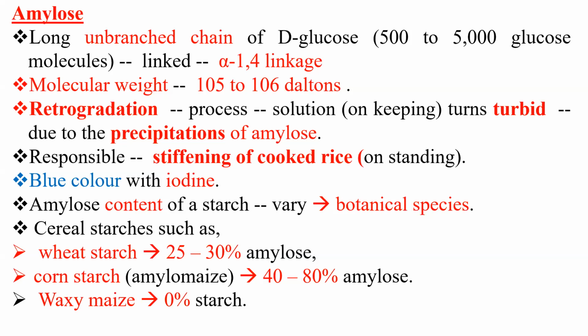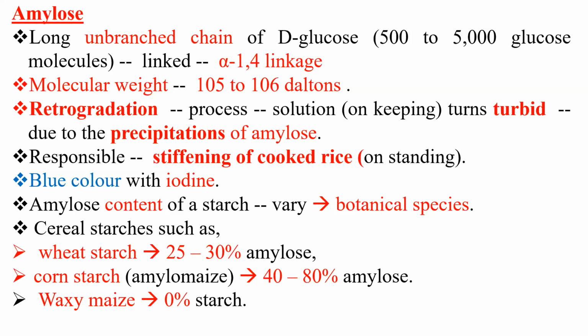Retrogradation is a process in which a dilute solution of amylose on keeping turns turbid due to the precipitation of the amylose. It is one of the important characteristics of amylose. Amylose is responsible for stiffening of cooked rice on standing, and it gives a blue color when reacted with iodine.